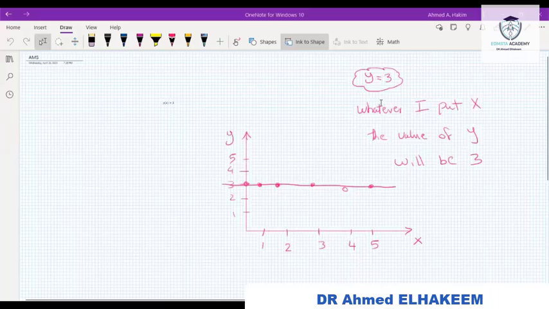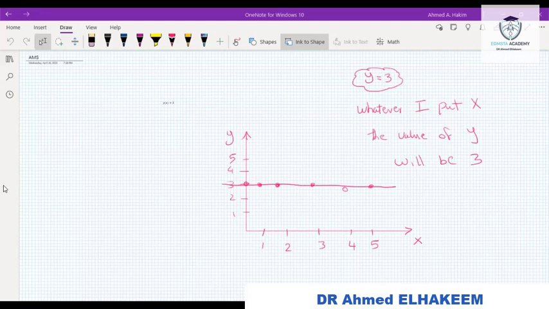Again, if we say we want to find y equals 3, it will be like that. Okay, the question was... I want you to have a notebook, please, and write after me, because these points are about graphs, and you will need them for other exams.